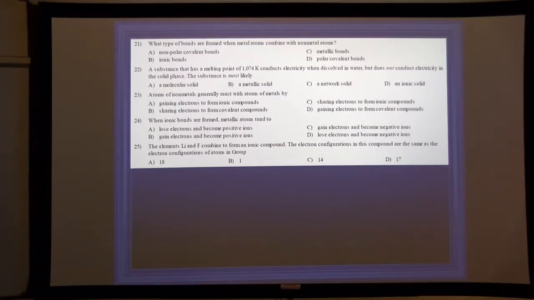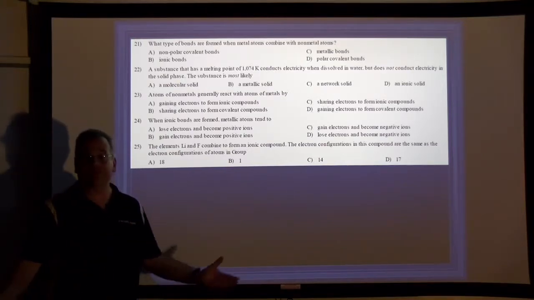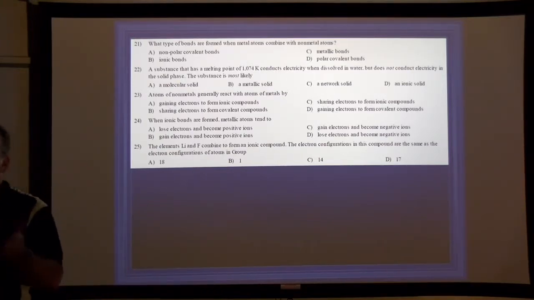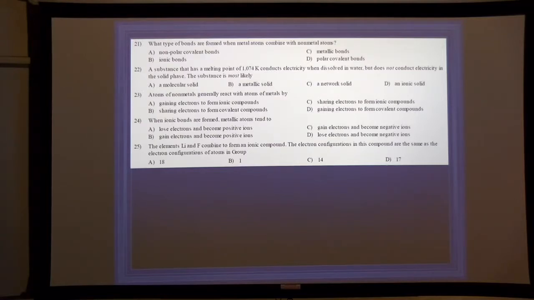Just give me a letter, the number on your hand, and I'll correlate it with the letter. Okay, so metal atoms tend to lose their valence electrons. That's a fact. And they shrink and become positively charged, because now they have more protons than electrons. They become cations with a positive charge. And then they bind to the nonmetal that took their electrons and now has a negative charge.